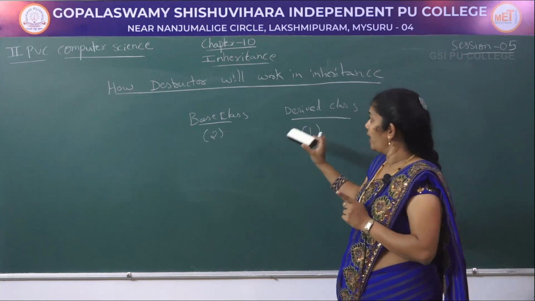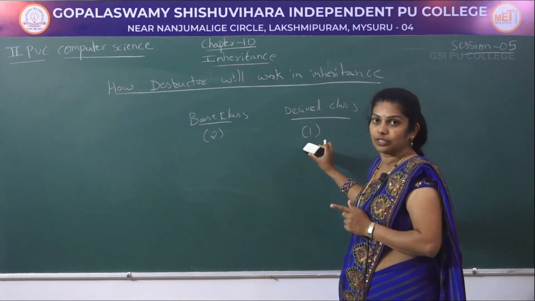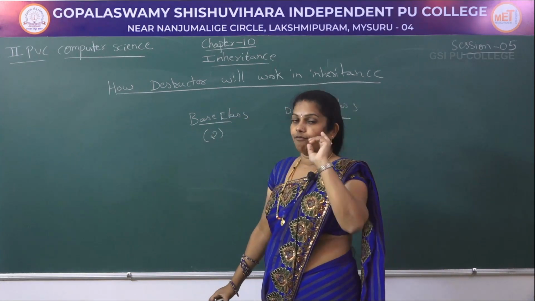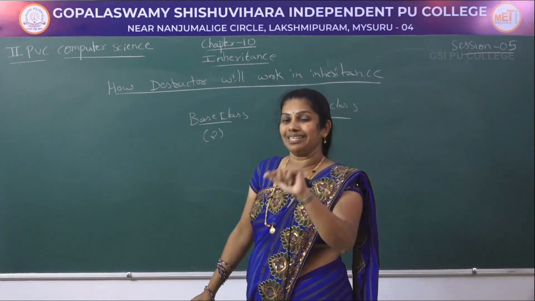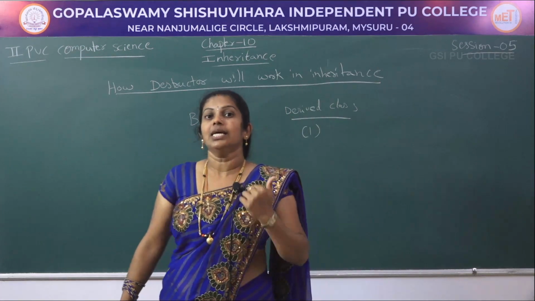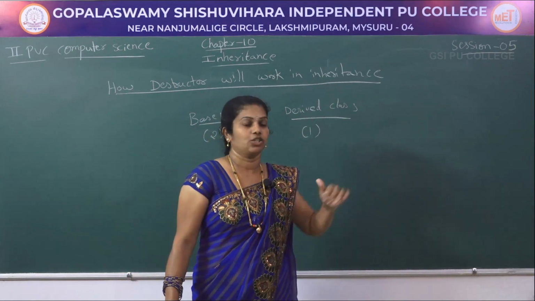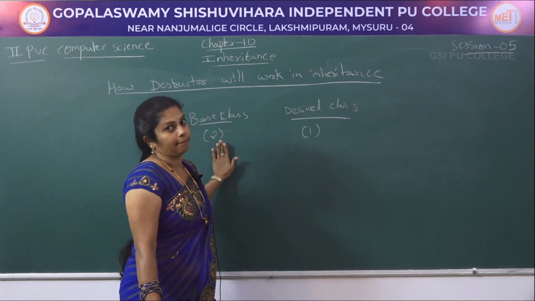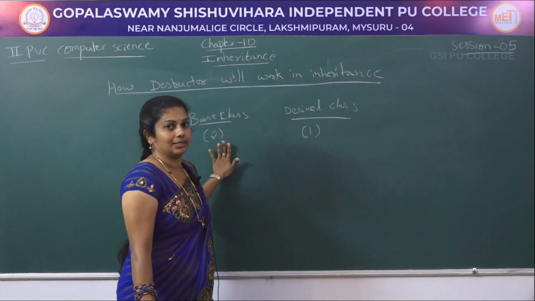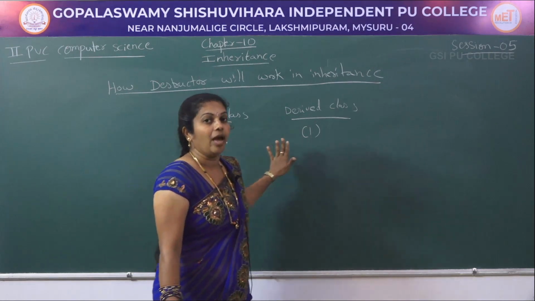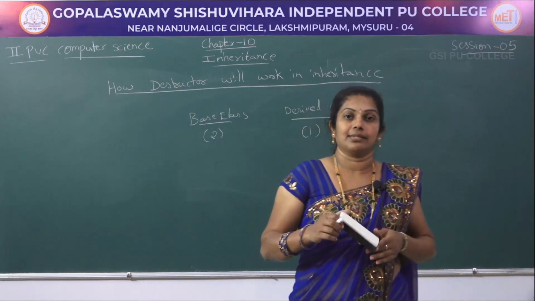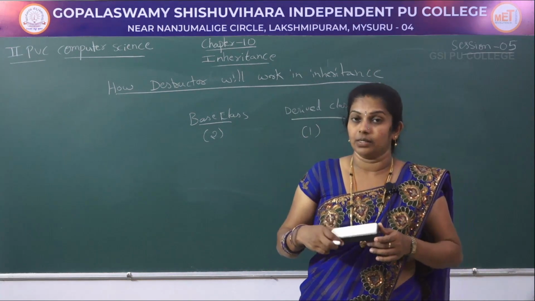Always first the derived class destructor executes, then next it is going to execute in the base class. If you have destructor in both, first in the derived class it will execute, then later on it will go back to the base class destructor. This is regarding how exactly the constructor as well as destructor work in inheritance.